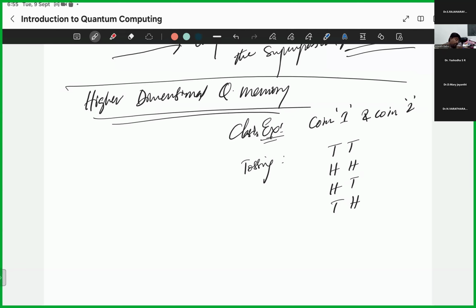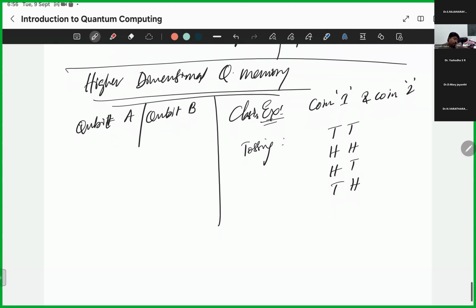Similarly, you take 2 qubits, qubit A and qubit B. Qubit A could be in the ground and qubit B also in the ground, qubit A in the ground and qubit B in the excited, qubit A excited and qubit B in the ground, or both qubits in the excited at a given instant of time.